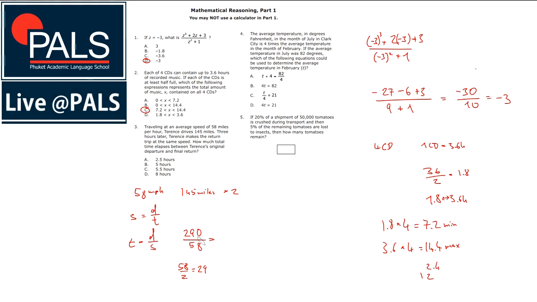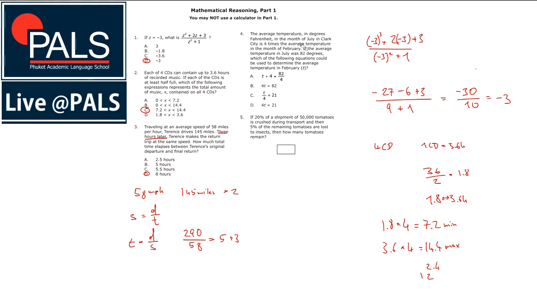Therefore, 290 divided by 58 is 5. Or if we multiply 290 by 2, that is 580. So that is 5 hours, and very important is to not overlook in the text that he had a 3-hour stop before his return trip, so we need to add these 3 hours to the 5, and that makes a total of 8 hours.